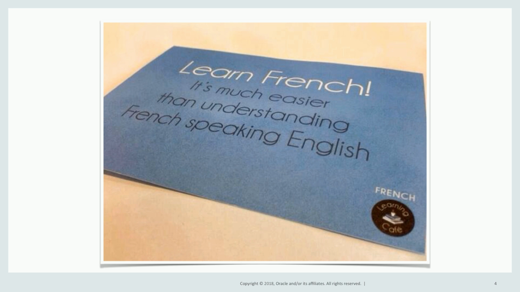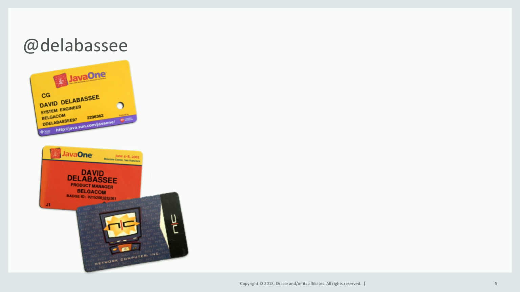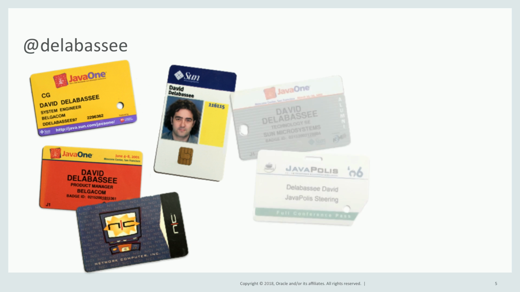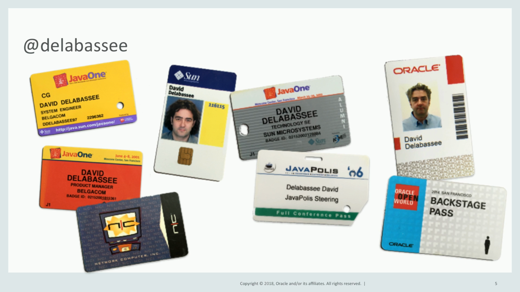Despite my French accent, I'm not French. I live in Belgium, where quite some time ago I was working for a telco on a Java-related project. After that, I joined Sun, where I spent 10 years working again on Java-related projects. And at some point in time, I obviously joined Oracle.